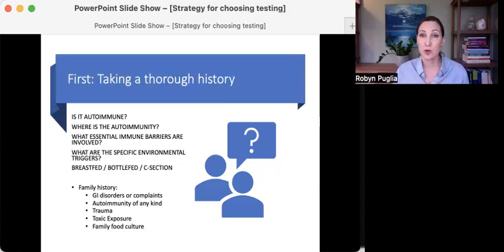Is there a history of trauma in the individual or also in the family? What about toxic exposure? We know that some of these toxic exposures can be passed down in the body from grandmother to mother to infant, coming through several generations. So toxic exposure in the individual that you're working with. Did the mother have any toxic exposure? Did the grandmother have any toxic exposure?